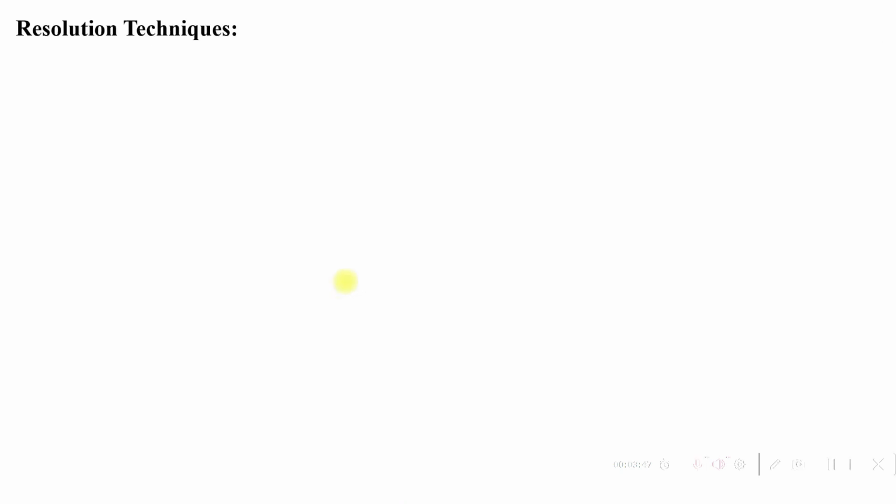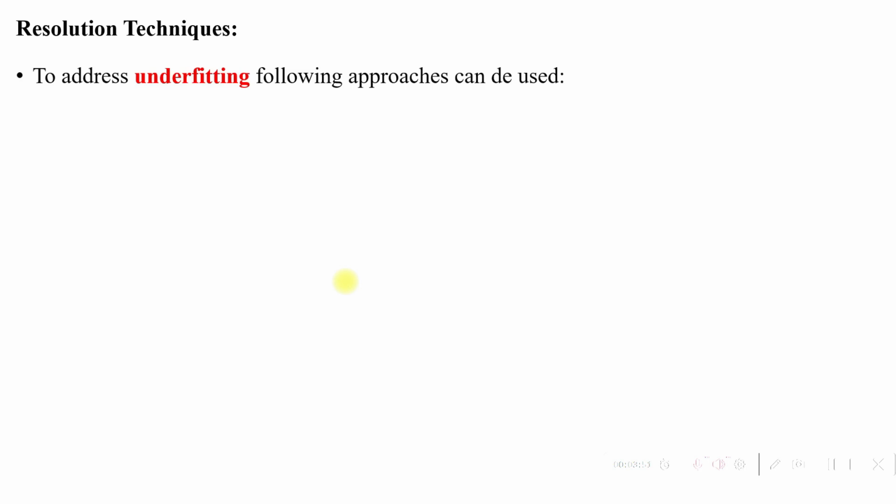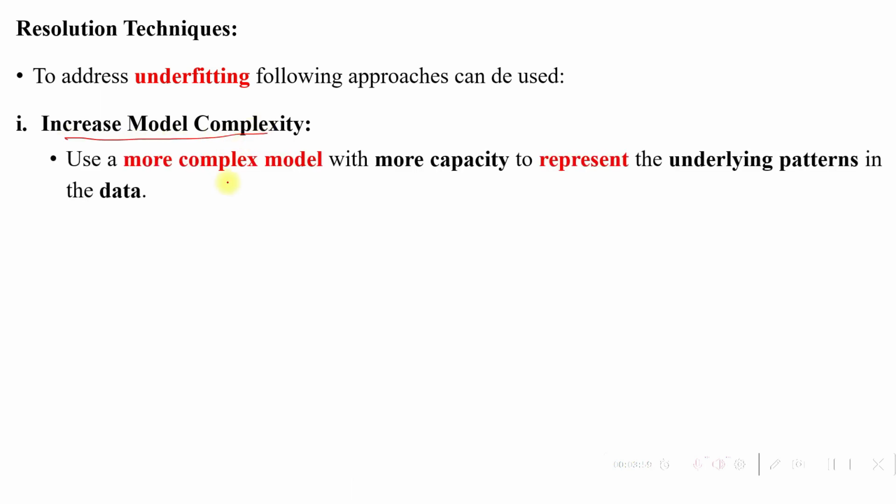In order to overcome underfitting, you have to follow different techniques. One is to increase the model complexity. Use more complex models with more capacity to represent the underlying patterns in the data. So you have to increase the complexity of your training model.